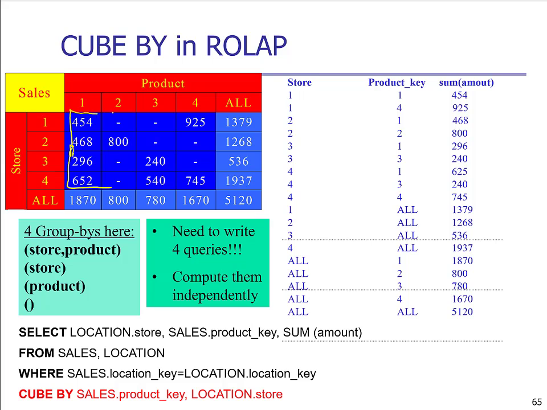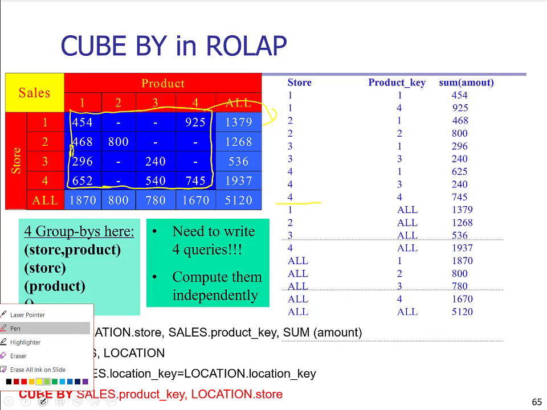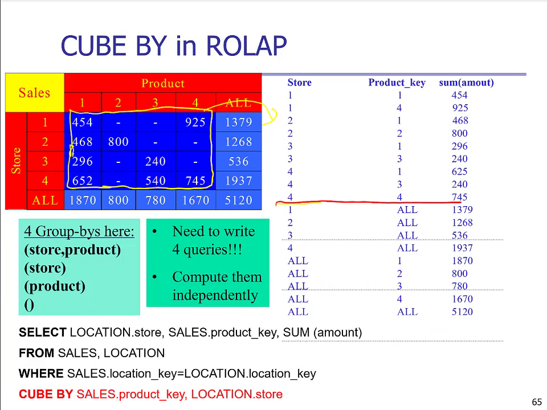This part is the original fact table, and the rest, like here and here, are the materialized results. We can divide them into these parts, which means we have 4 group bys here.